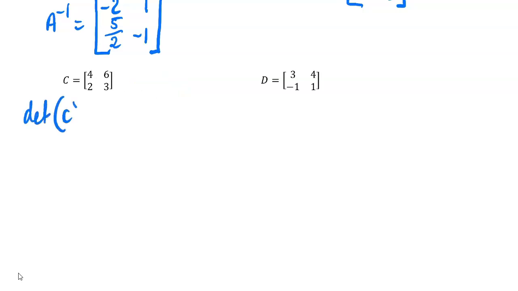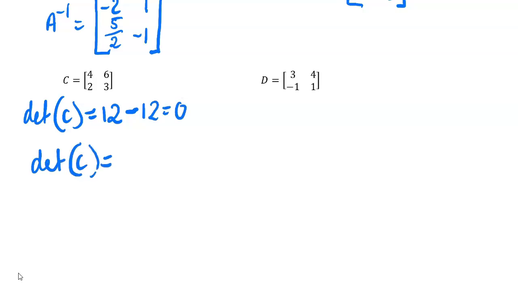Determinant of C is equal to 4 times 3, which is 12, take away 6 times 2, which is 12, equals 0. Okay, so determinant is equal to 0, therefore no inverse. So I can't go any further.